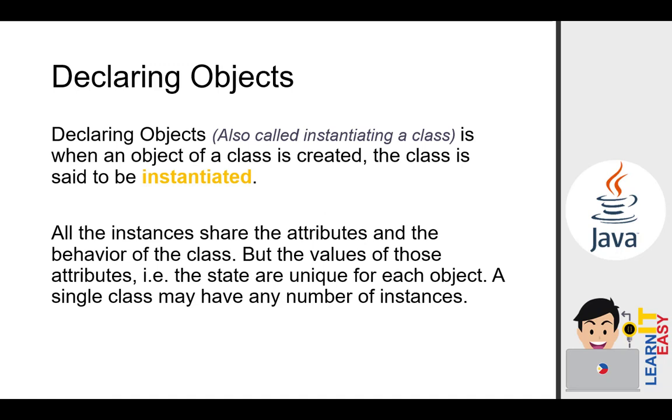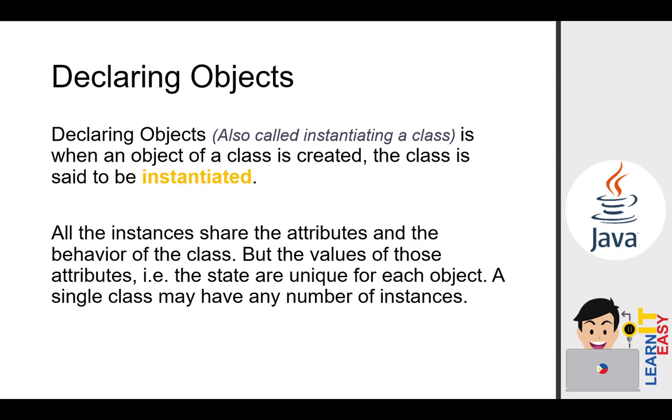So now, how do we declare objects? Declaring objects, also called instantiating a class, is when an object of a class is created and the class is said to be instantiated. Madalas niyong naririnig sa akin yung word na kapag nag-create ako, for example, ng scanner object, lagi kong sinasabing create ng instance ng scanner class.